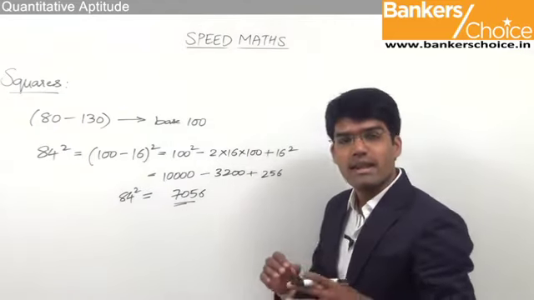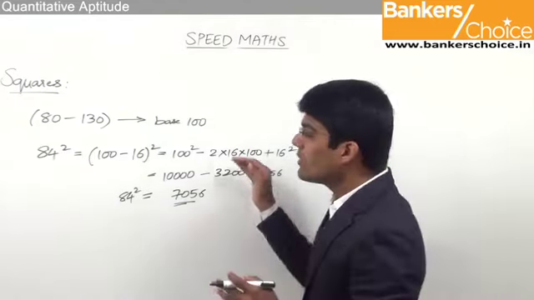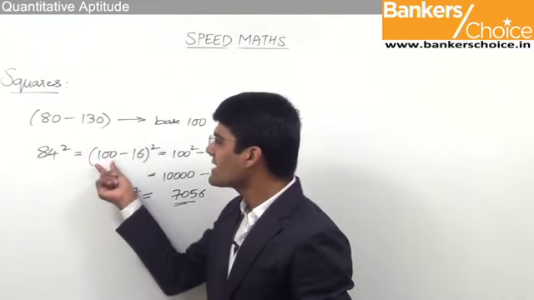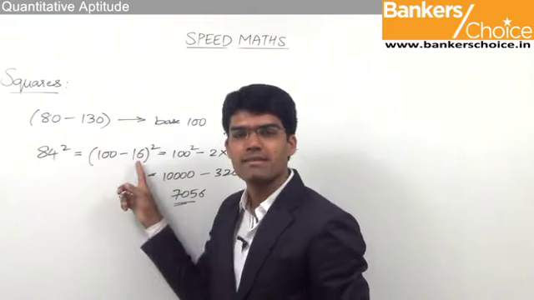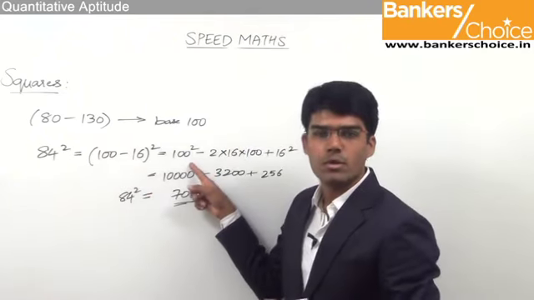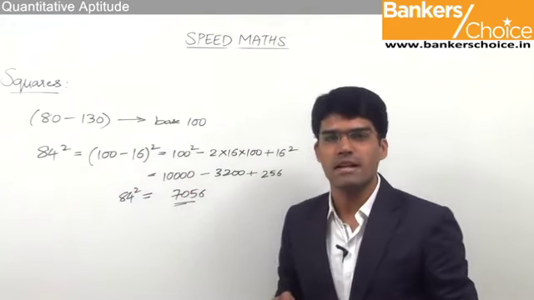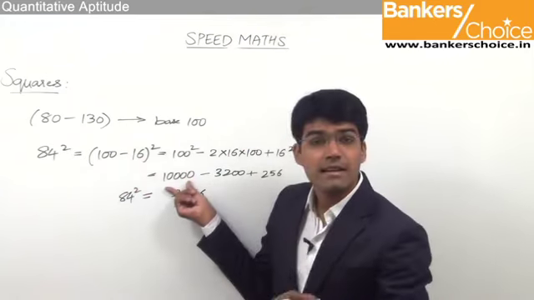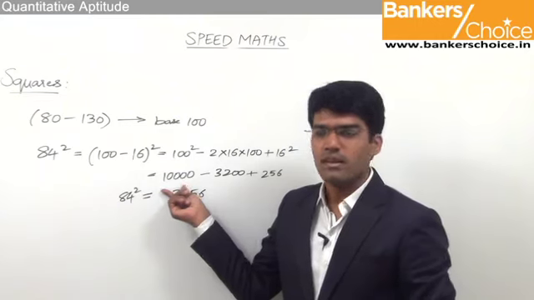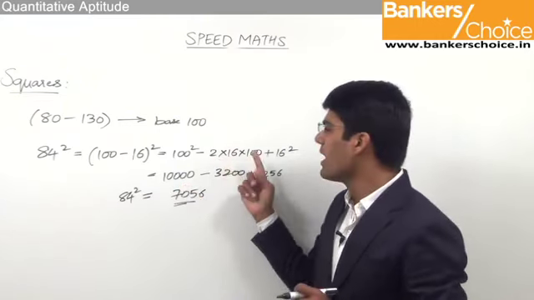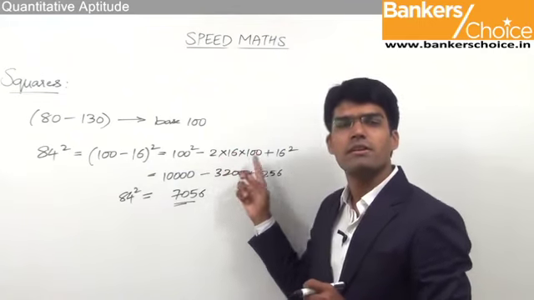So let us now understand how we can get the answer orally without writing all these steps. The point is, if we take the number as 100 plus x or 100 minus x, no doubt the first term will be 100 squared, that is 10,000. Like in case of 50 we have 2,500 as the first term, here always we have 10,000 as the first term. The second term here will be 2 into a into b, that means 2 into 100 into 16 or 2 into 16 into 100.